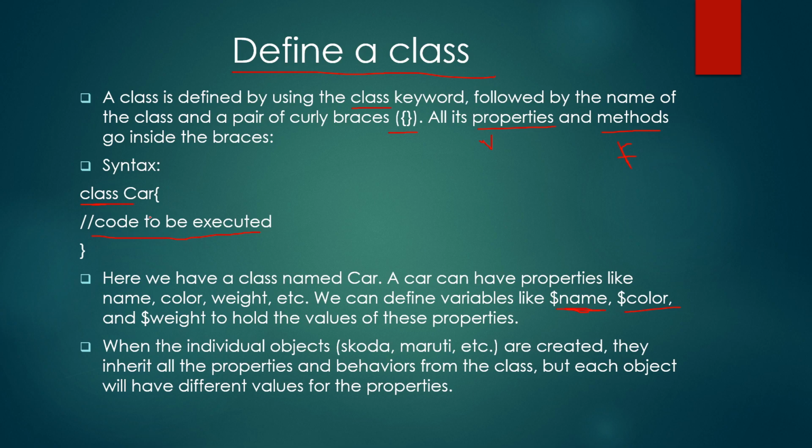Once a class is created, we can create multiple objects of that class, and each object will have its own unique properties. So here I can create individual objects like Skoda, Maruti, maybe Honda, Mercedes, BMW, etc. They inherit all the properties and behaviors from the class, but each object will have different values for the properties.